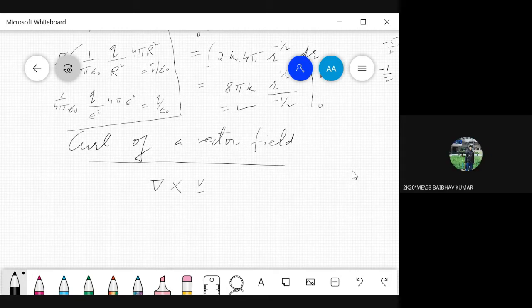Like we can judge the rotational nature. Then there is also a theorem on curl. What is done is, you find the v dot dl contour integral: you are going along this contour, and you are evaluating the line integral of this vector v.